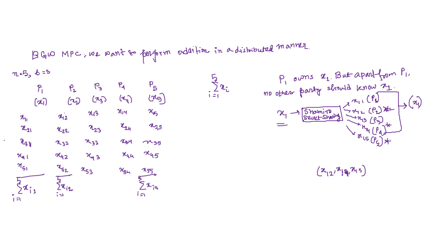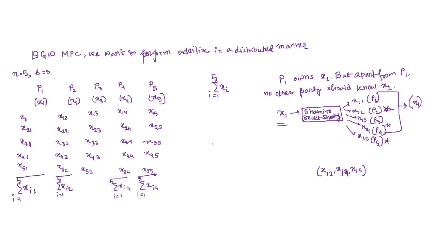Now since it is semi-secret sharing, let's say 4 parties P1, P2, P4 and P5 want to come together and reconstruct back.